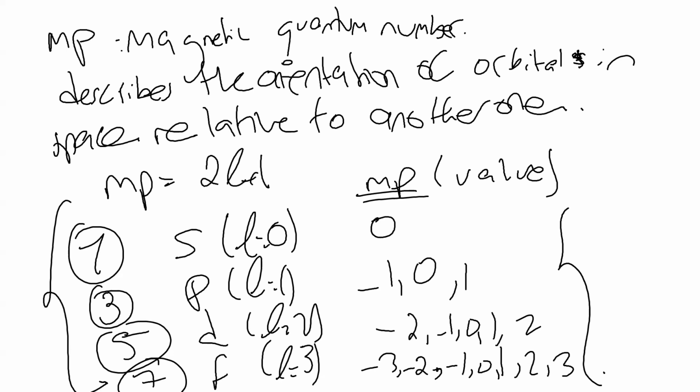So as we said, the number of ml values is 2l plus 1. If you do the calculation, you're going to end up with the degeneracies or these values of ml. What is the definition of the magnetic quantum number ml? It is the orientation of the orbitals in space relative to another orbital. How is this orbital oriented according to the other one?